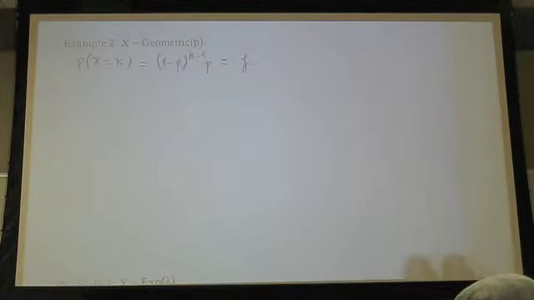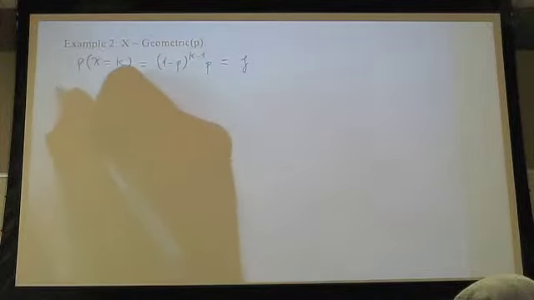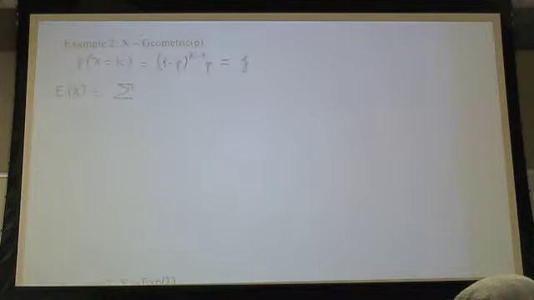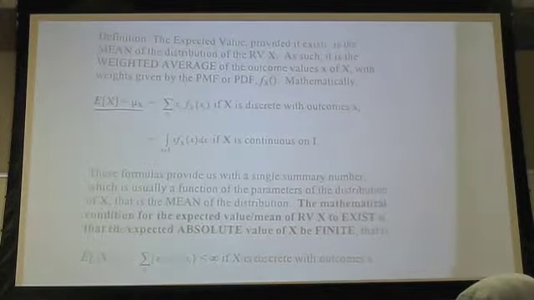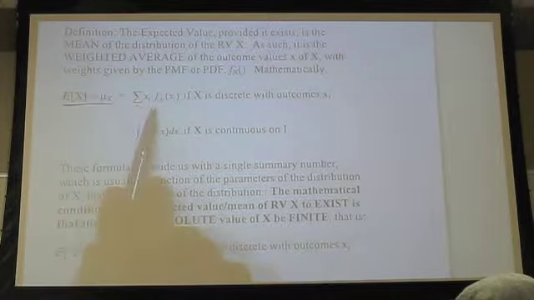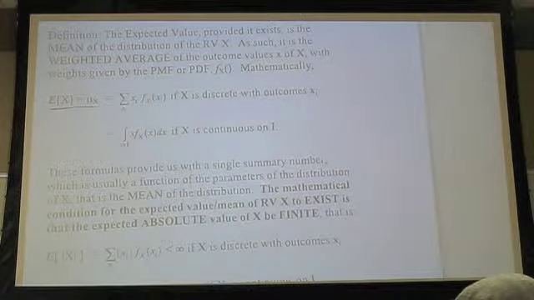And now, how do I compute the expected value? It is defined to be what? You have to sum over everything, right? Remember right here, let me turn it over so that you can see it. This is this. Sum over everything.